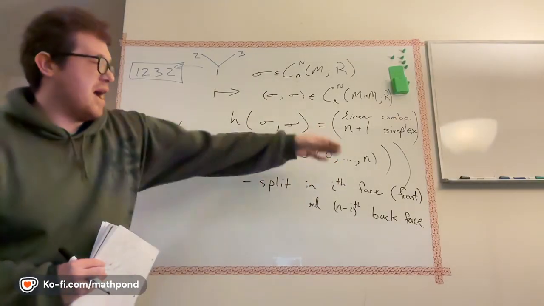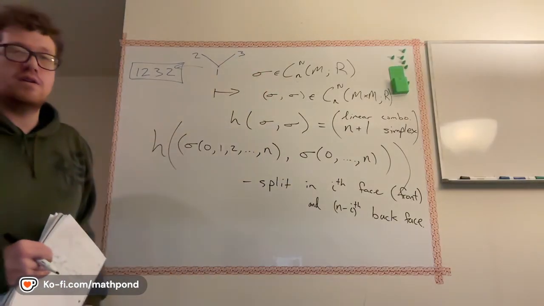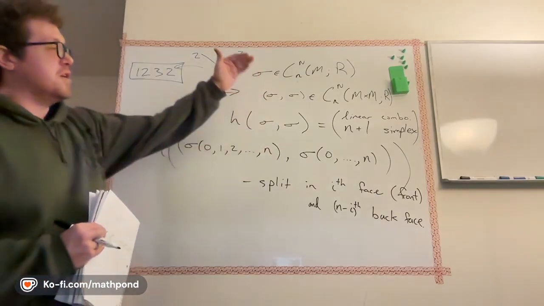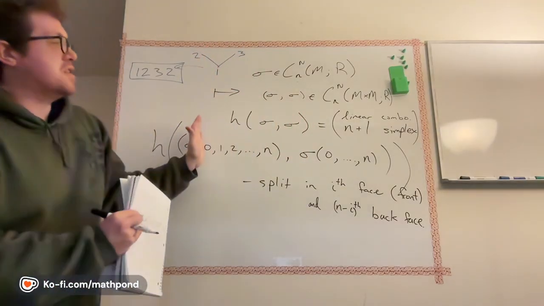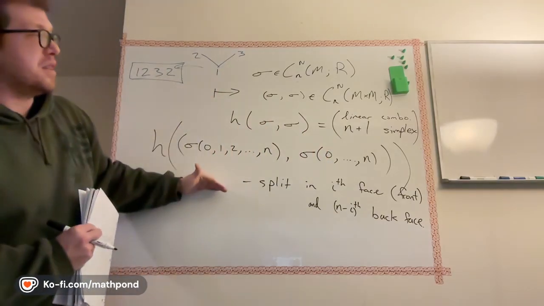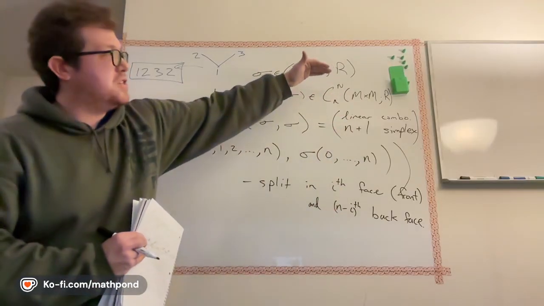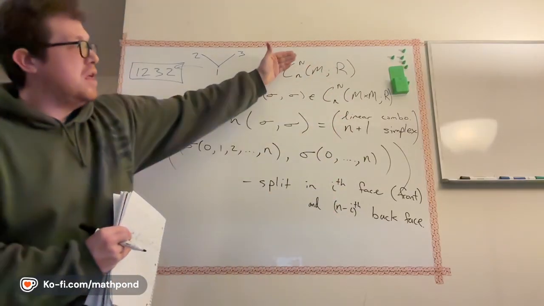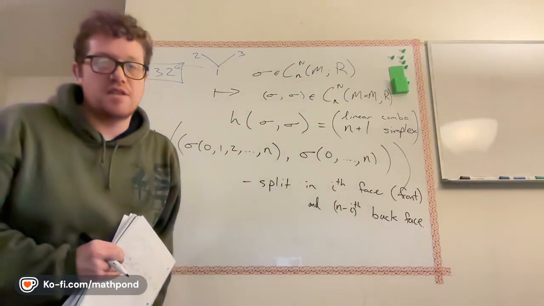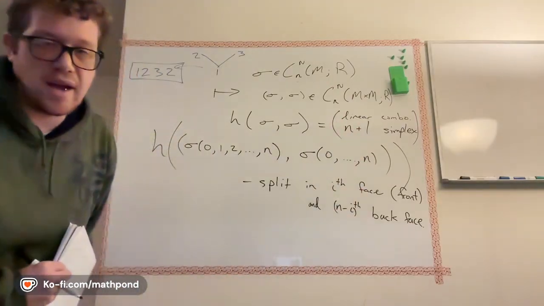And for the other half, the n minus ith back face, you apply the Alexander-Whitney map, and then the one-sided inverse to go backwards. The idea is that you're splitting your simplex into two things, and we're getting the homotopy between two maps: one where we're doing nothing, the identity map, and the other where we're doing this composition of maps, Alexander-Whitney and then go back. So coming from Cartesian products to tensor products, and then going back to Cartesian products. That's the composition that we're doing on the back half.